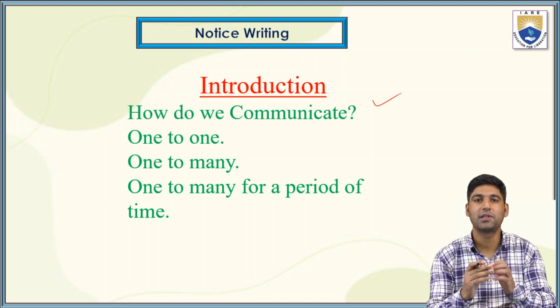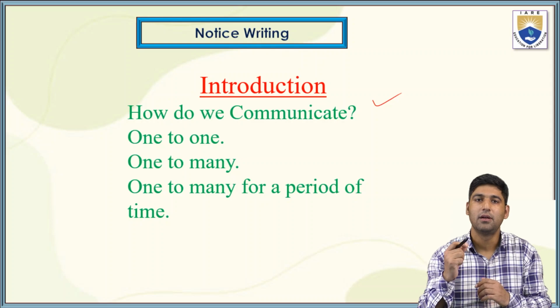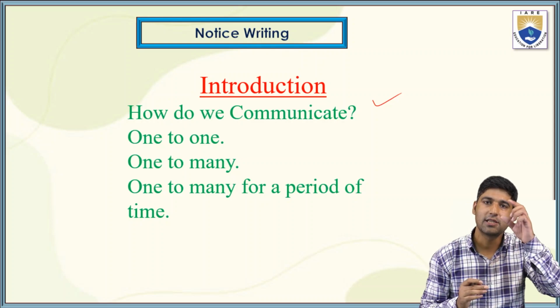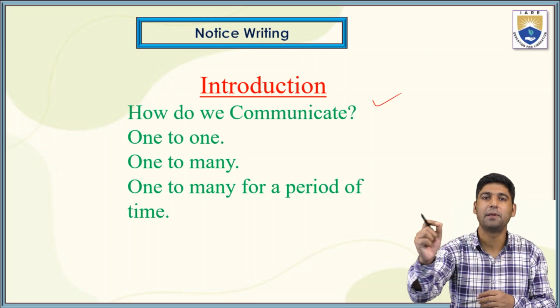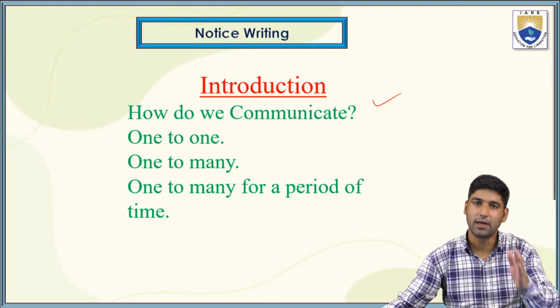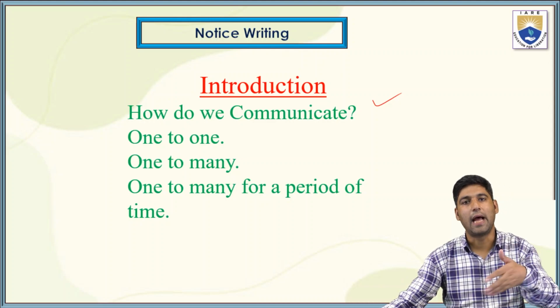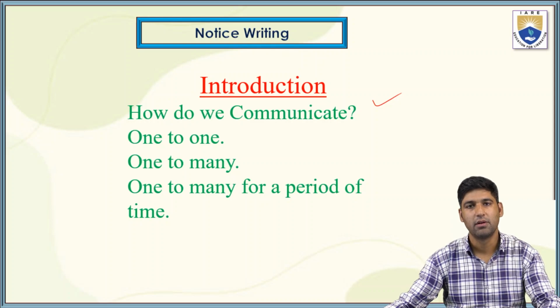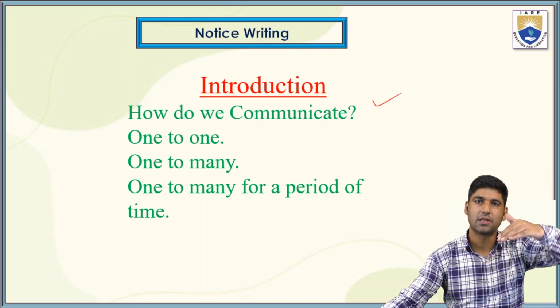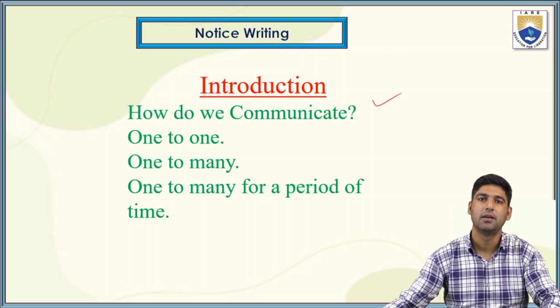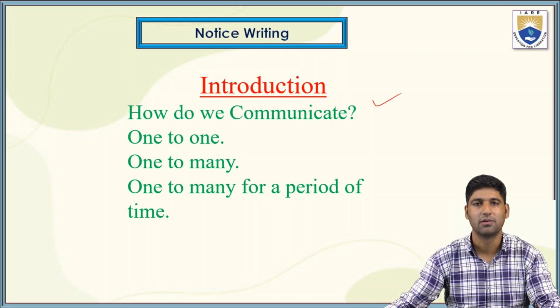Verbal communication means communication done verbally, one by word of mouth and another by a piece of writing. That is written communication, which is itself a subheading of verbal communication.